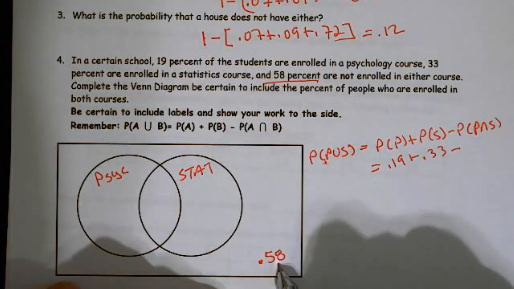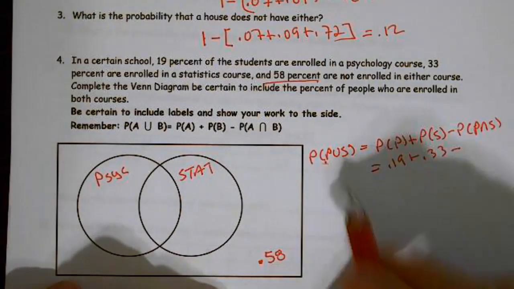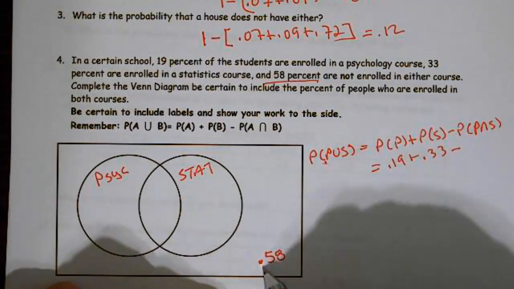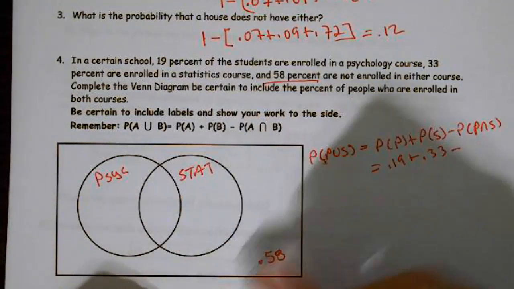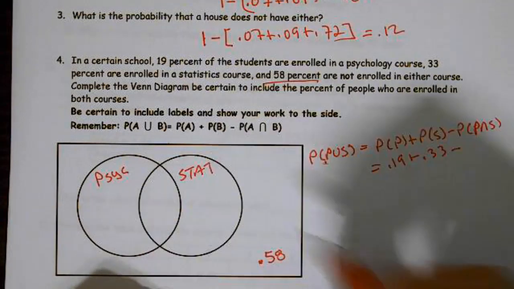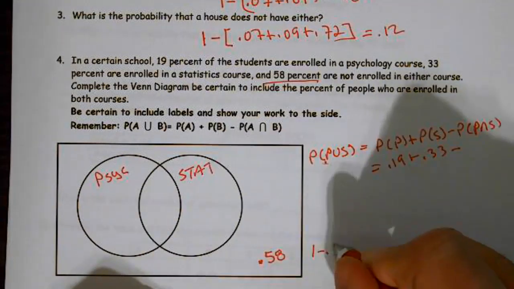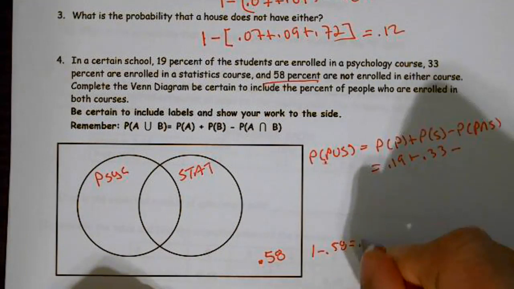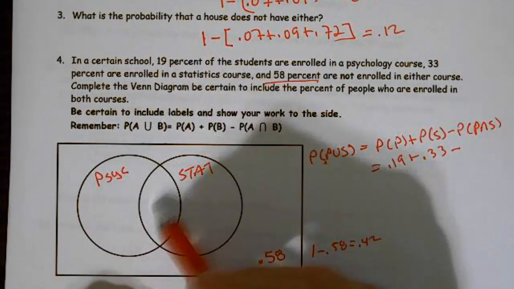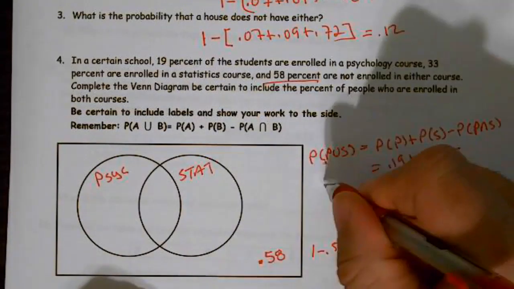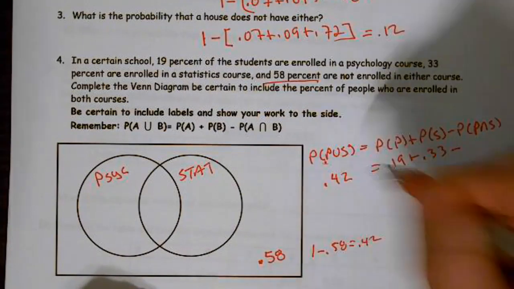But if this is 50%, the area out in the box, this is going to be the complement. So this is going to be 1 minus 0.50 equals 0.50, and that's the area in the circles.